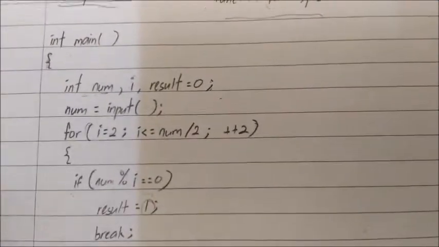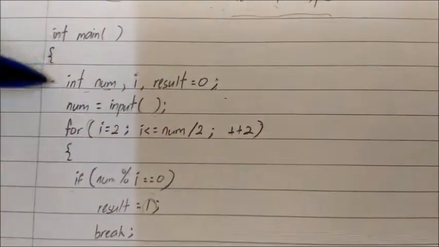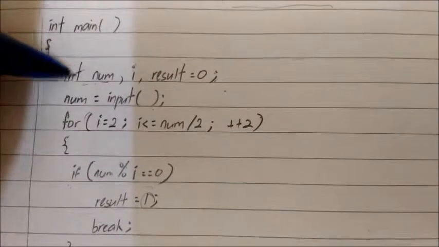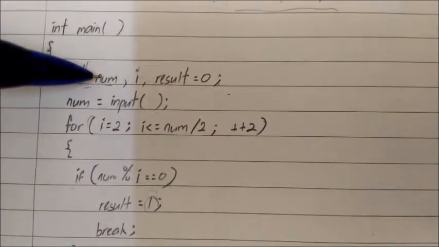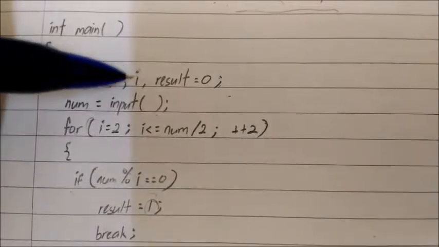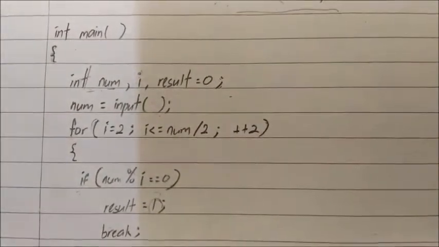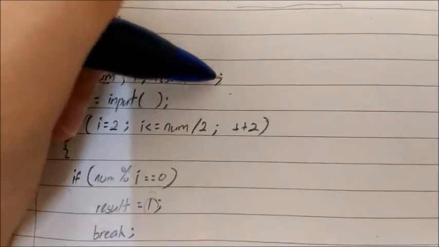And in the main function, we declare the variables. In this example, we use integers: n, i, and result. And in the variables, we must have a semicolon also.